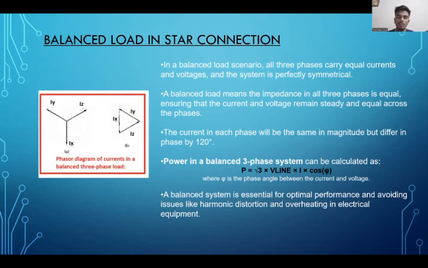A balanced system is essential for optimal performance and avoiding issues like harmonic distortion and overheating in electrical equipment. So a balanced load prevents short circuits and such. Using single phase is somewhat degraded compared to a three-phase system. So the three-phase system is considerably used in residential areas.